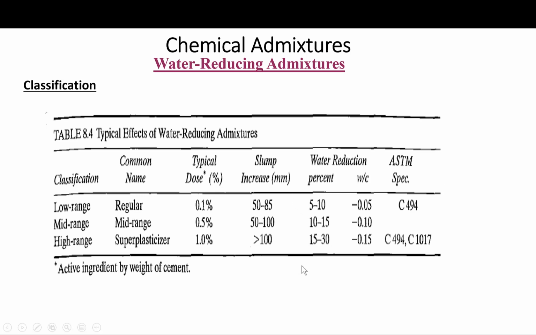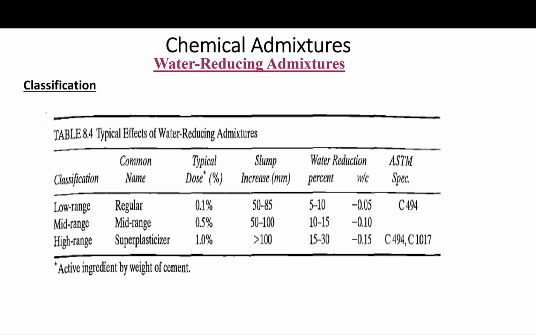The improved performance of what's referred to as the mid-range and high-range water reducers is the ability to add sufficient quantities to increase the slump without adversely affecting set times or air entrainment. Of course, there are impacts, as we will talk about a bit later when we talk about the effects of these admixtures, but generally there are no adverse effects on set times or air entrainment.